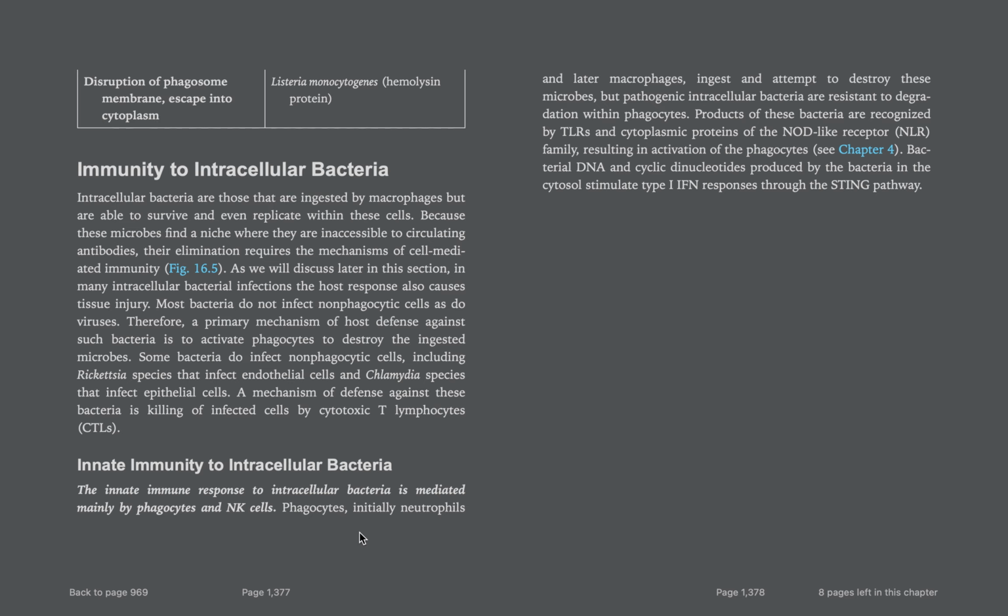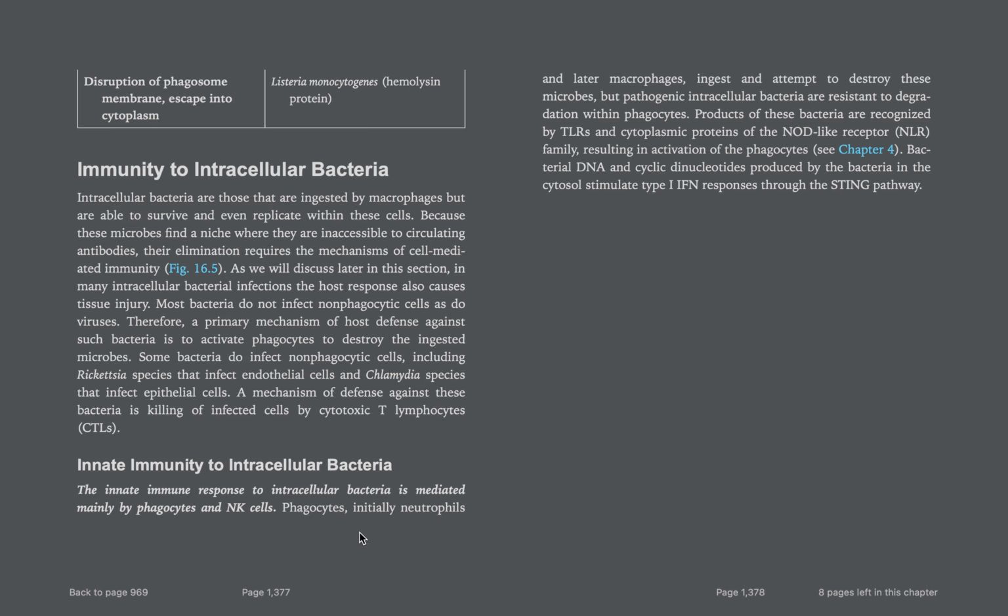Immunity to intracellular bacteria. Intracellular bacteria are those that are ingested by macrophages but are able to survive and even replicate within cells. Because these microbes find a niche where they are inaccessible to circulating antibodies, their elimination requires mechanisms of cell-mediated immunity.